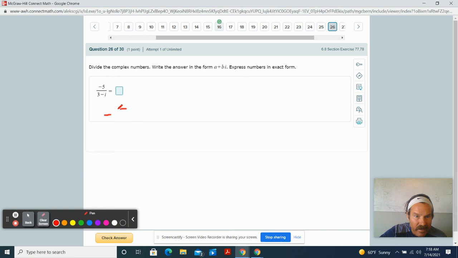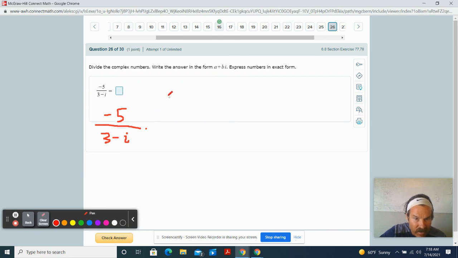And I believe I used a big fat 1. And I'm going to do the same thing right here. 3 minus i. So I need to get rid of this i here. This is not simplified because this i is in the denominator, and that i is equal to the square root of negative 1.